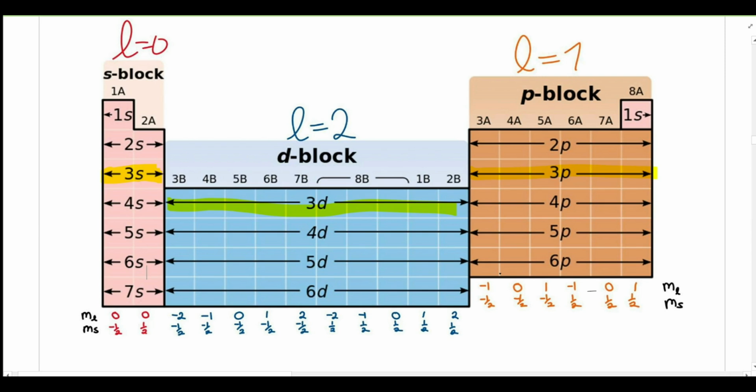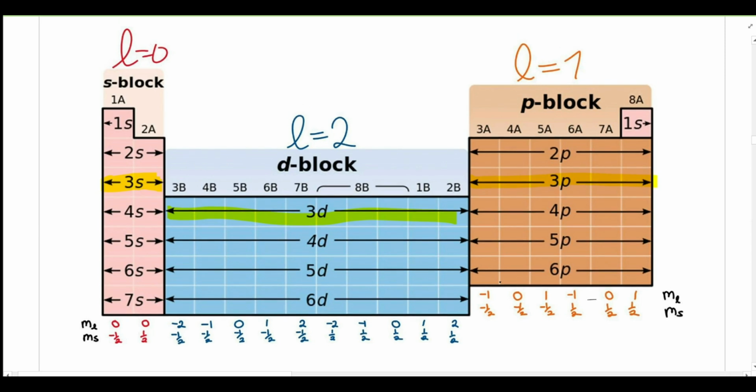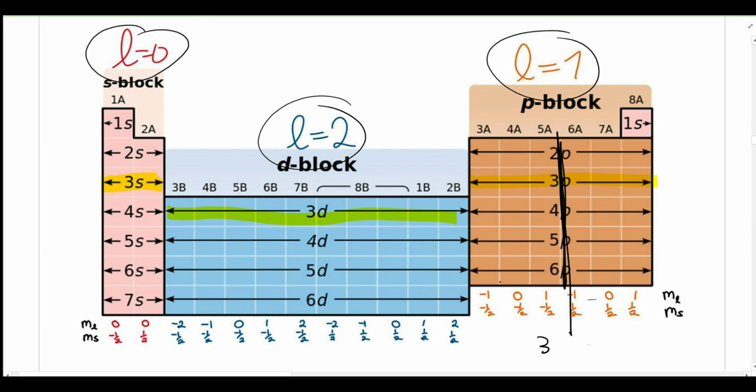So my point is that if you forget the rule, then look at the periodic table. If you remember how they're arranged, there's 6 p orbitals, then that means there's 3 different ml, right? Because essentially you have to divide the numbers by 2 and so on.